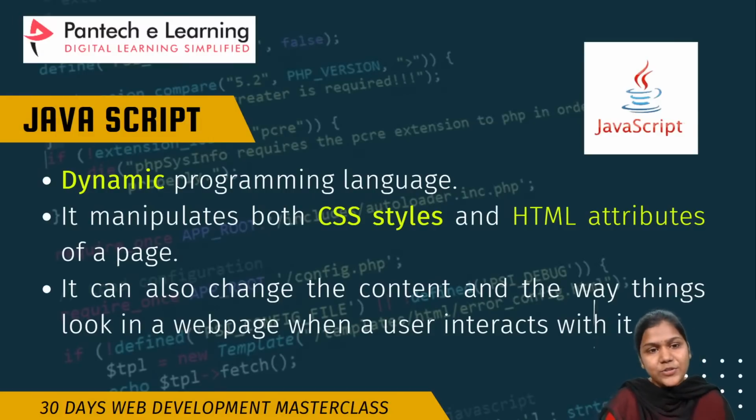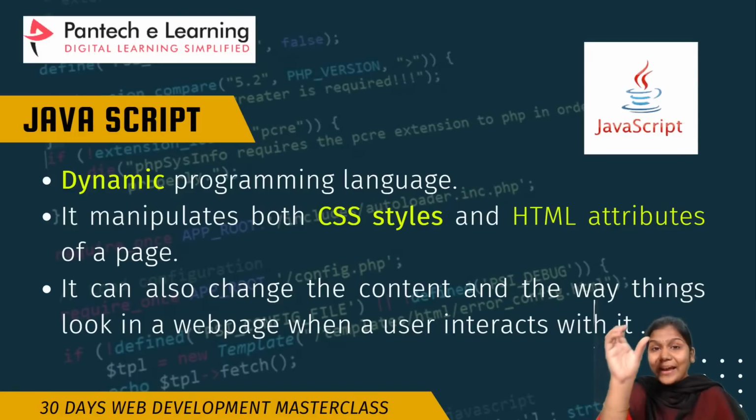What is JavaScript now? It's a dynamic programming language which is mainly used to manipulate both CSS as well as HTML attributes of a web page. If you consider developing a web page, we need HTML and CSS files, correct?